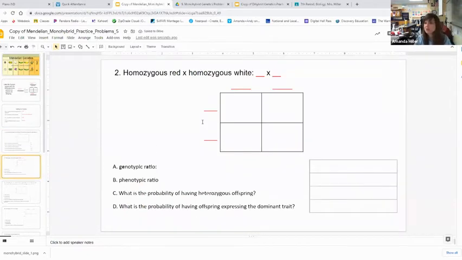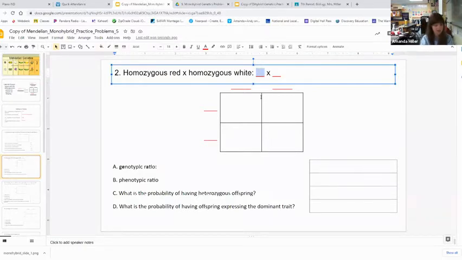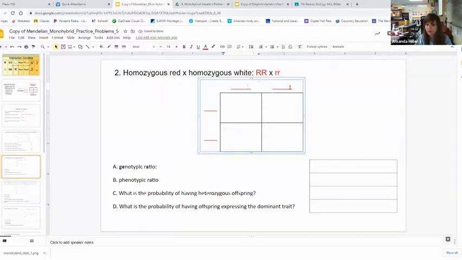Okay, I'll do two practices with you, and then the rest of this is on your own, okay? So what if we cross a homozygous red flowered plant with a homozygous white flowered plant? Homozygous red is big R, big R. Homozygous white is little r, little r. So again, one parent is going to go across the top of my Punnett square.